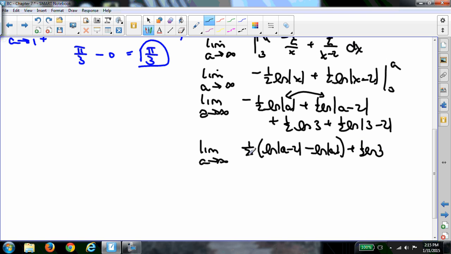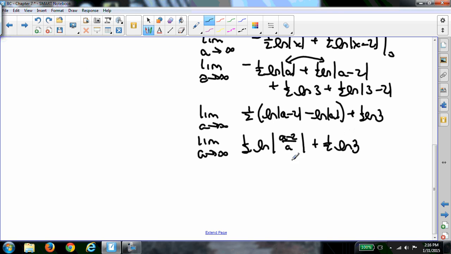With that, using log properties, I can rewrite as 1/2 ln of (a minus 2) over a plus 1/2 natural log of 3. And as a approaches infinity, this is like our horizontal asymptote idea. Top and bottom degrees are the same, so it approaches 1. Natural log of 1 is 0. So the final answer is 1/2 ln of 3.